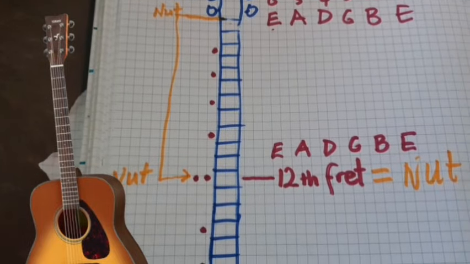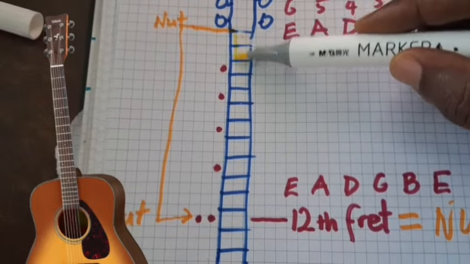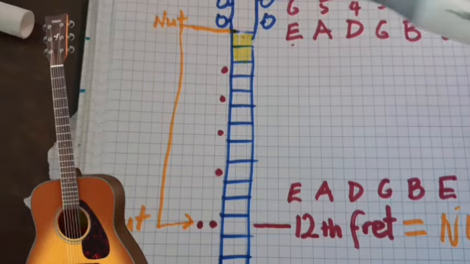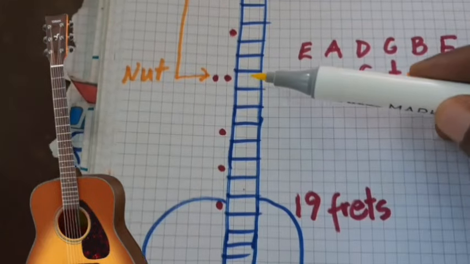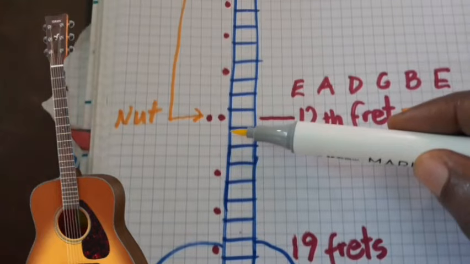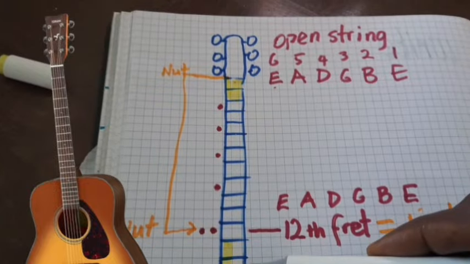In fact, let's mark them with yellow. So these 2 frets are like introductory frets into the guitar, and these 2 frets that come after the dot serve the same purpose.